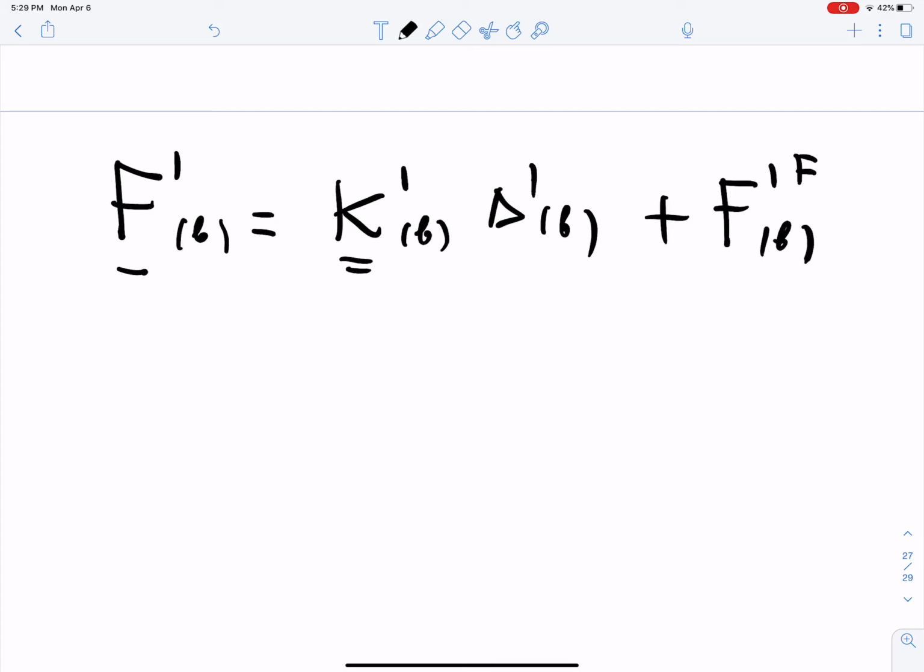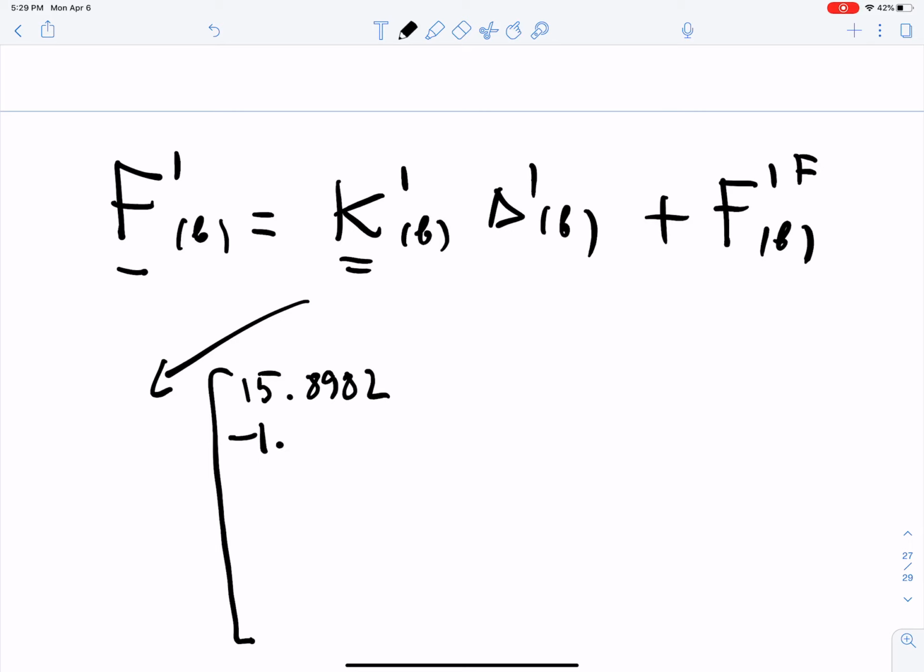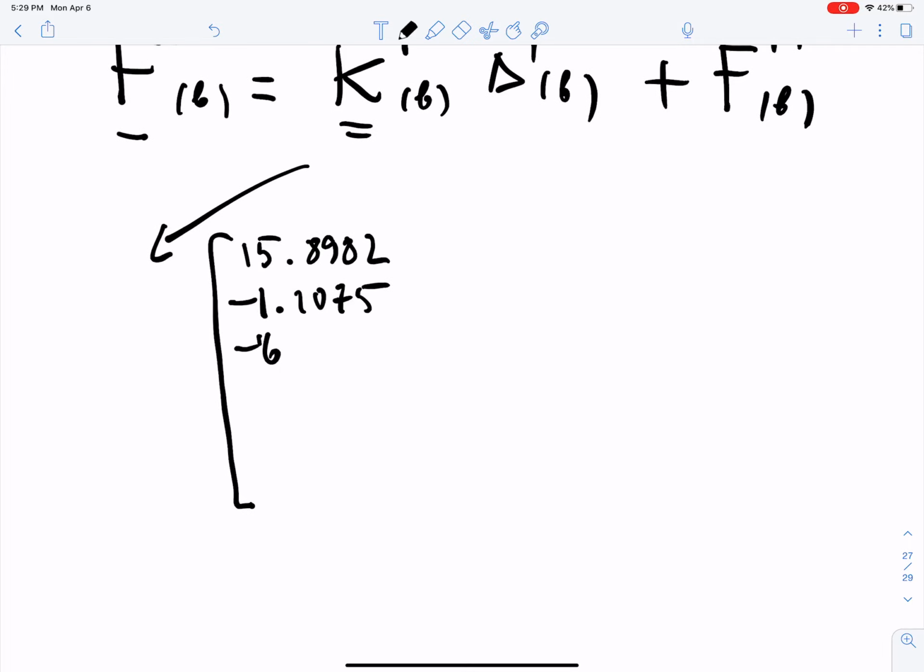Okay, and so this contribution looks like this: 15.8982, minus 1.1075, minus 166.0087, minus 15.8982, 1.1075, and 99.7829 with a negative, like this.